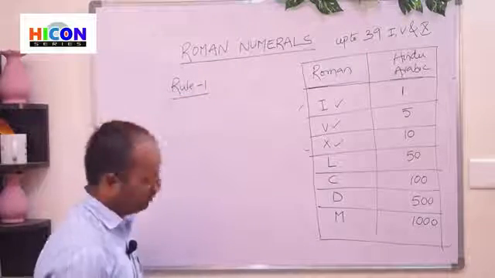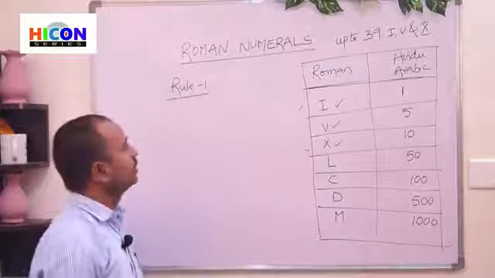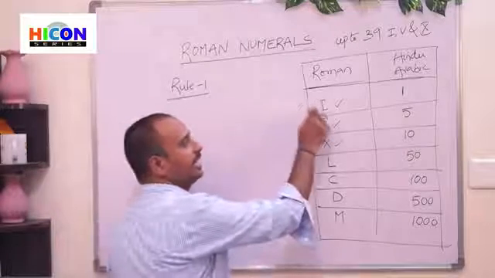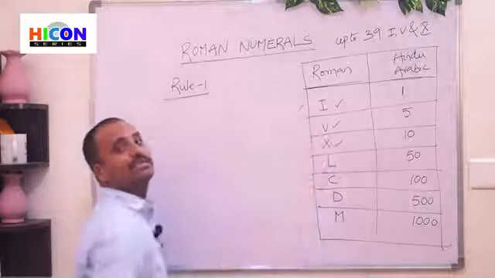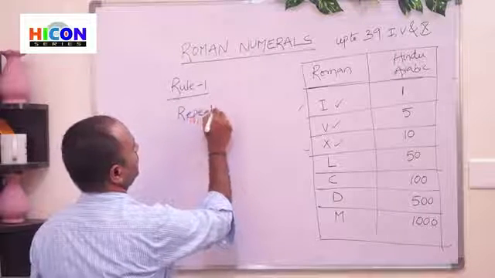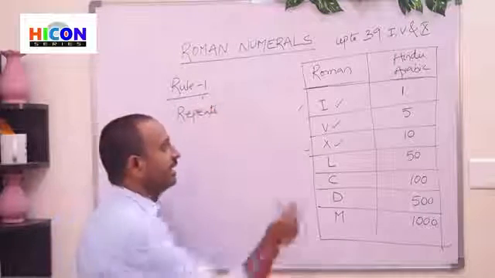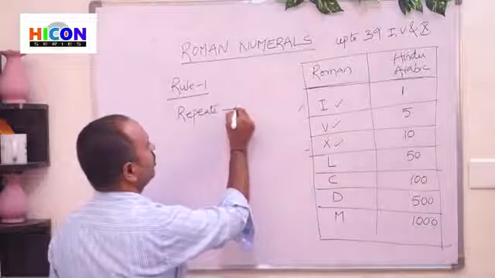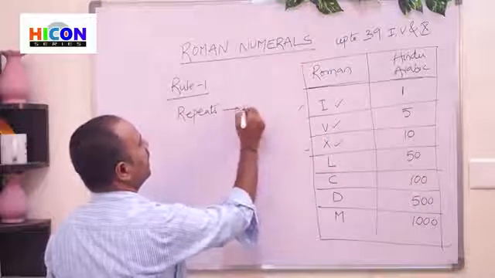Rule number 1 is, if we repeat any symbol, that means addition. So repeat means addition. If we repeat any symbol in these Roman numerals, then we have to make addition.